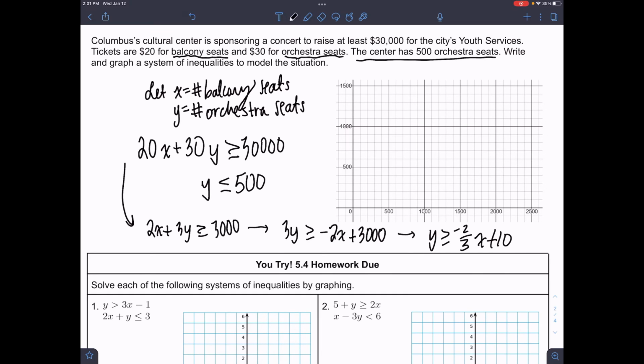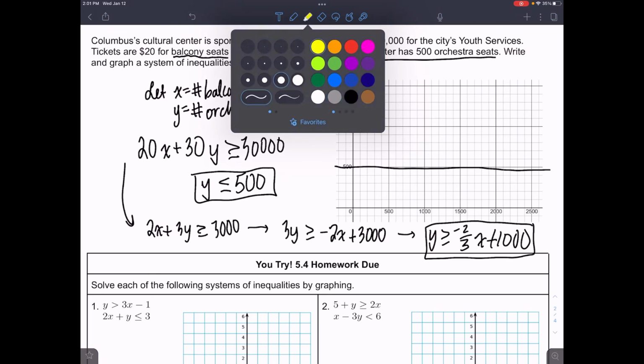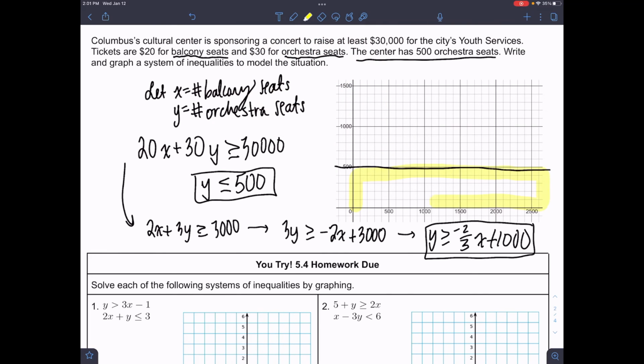Okay, so I'm going to divide again. And then it's just a matter of taking these two equations and just plotting them. So the 500 line should be right here. And we are below that line. So if you want to draw a little arrow that says below, that's cool too.